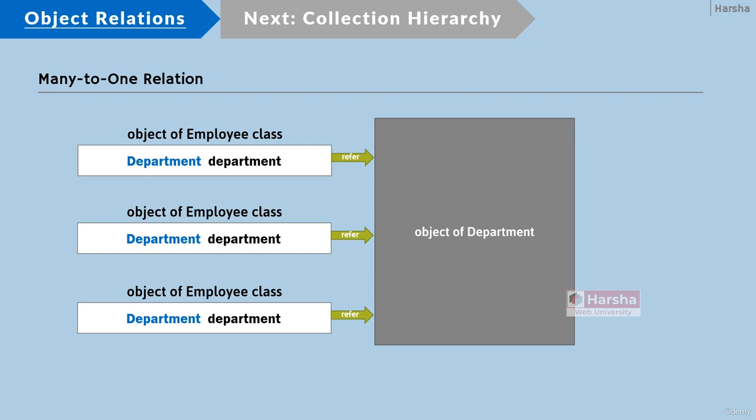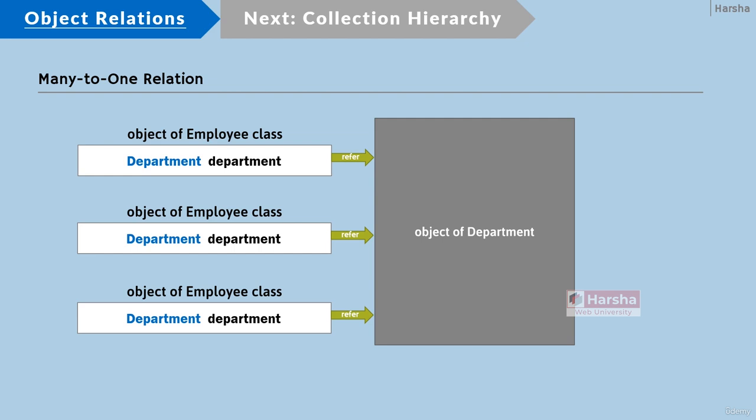Actually, the many-to-one relationship is the opposite of the one-to-many relationship. So all the scenarios applicable for one-to-many can be reversed. Then you will find many-to-one relationship. For example, there are multiple reviews done by the same user. So multiple objects of the review class have relation to only one object of the user class.